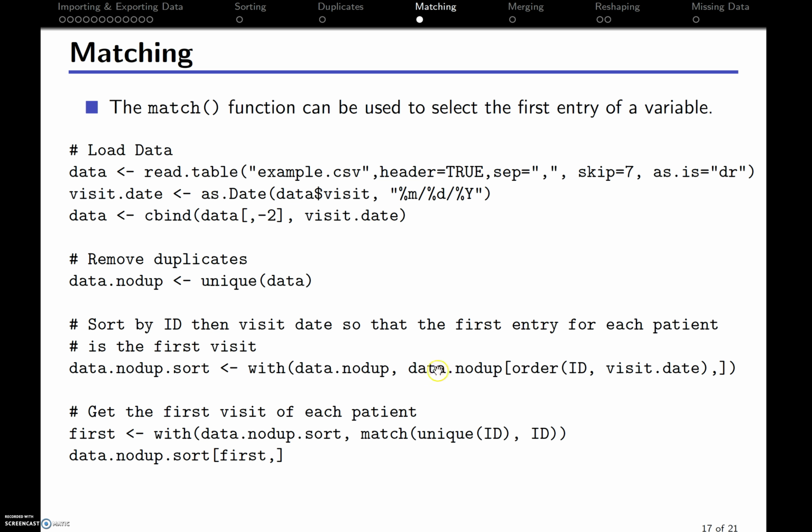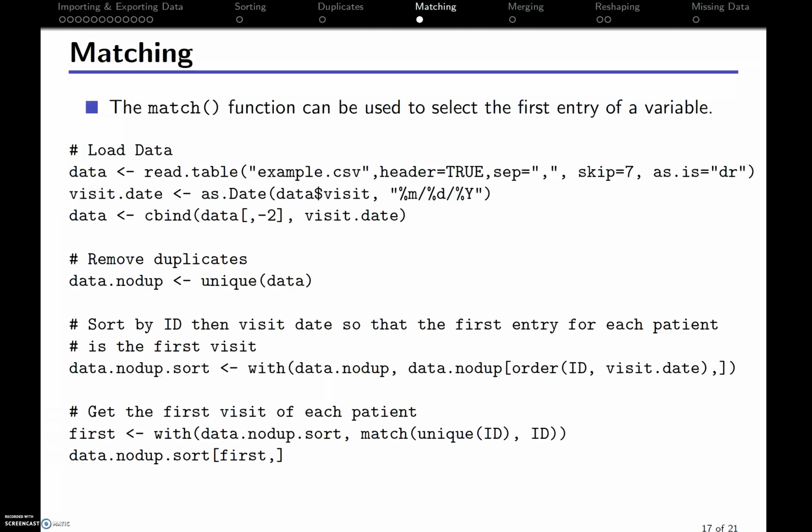And then this will ensure that that first visit date is at the top for each patient ID. So we have our patient ID with the lowest value with their first visit date, then all their visit dates following, then we get the second lowest ID with the first visit date for that patient and all those following.